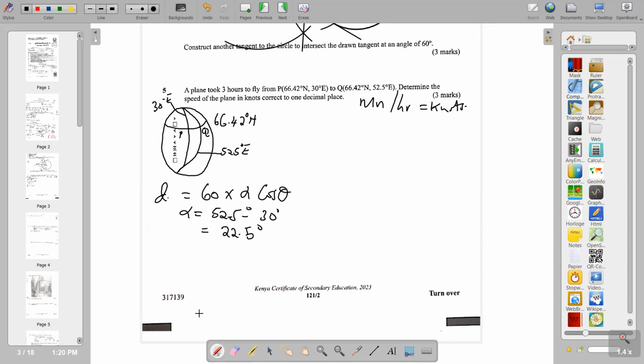Now you just substitute in your formula, so that will be 60 times 22.5 cos 66.42.